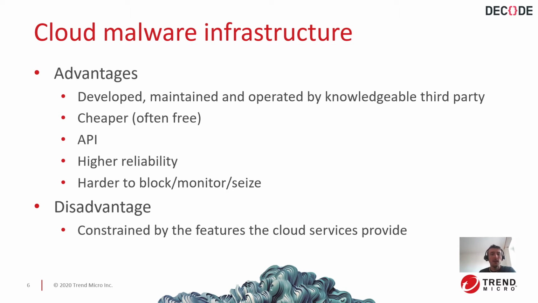It's much more reliable, and it's harder to block, monitor, or seize because these services are mostly used for legitimate purposes, and the malicious use is just a small fraction of the usage. And as a disadvantage for malware developers, they are constrained by the features provided by the cloud service providers.